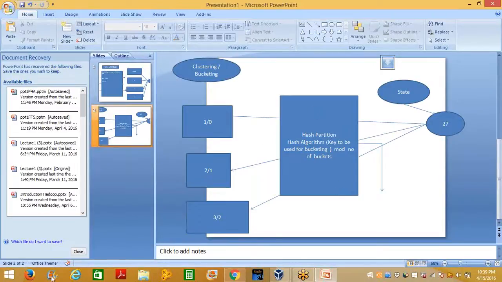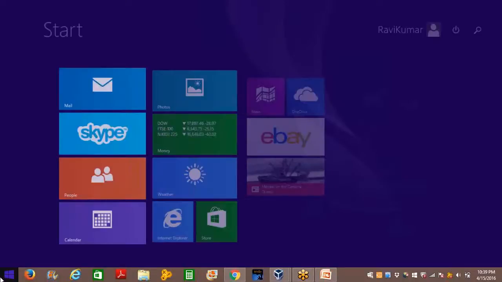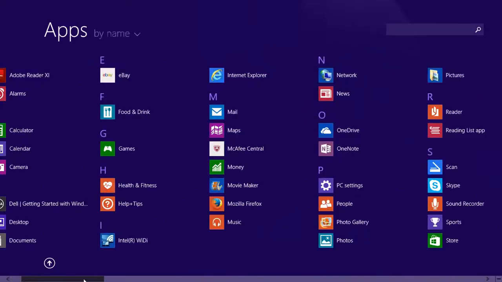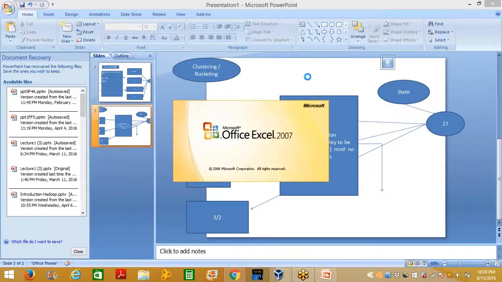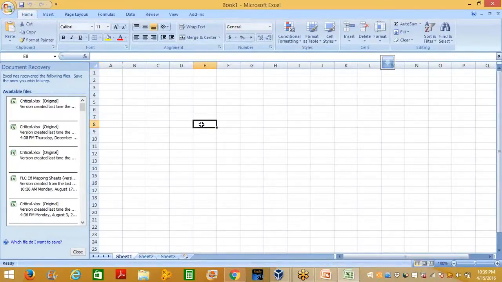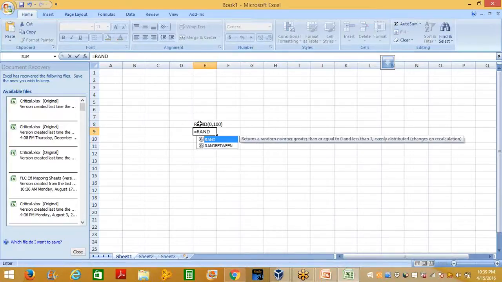This is how it gets decided. To understand the example correctly, where is that Excel sheet here? In this Excel sheet, one thing you have is a rand function. Rand function of 0, 100, if you see what happens here: it is equal to rand, greater than or equal to 0 and less than 1.